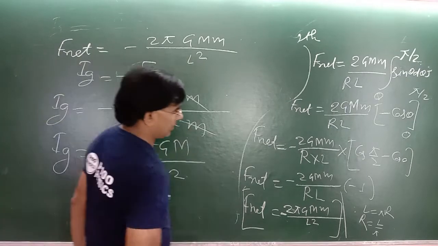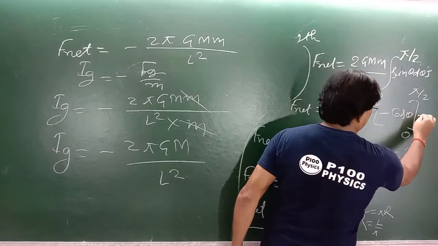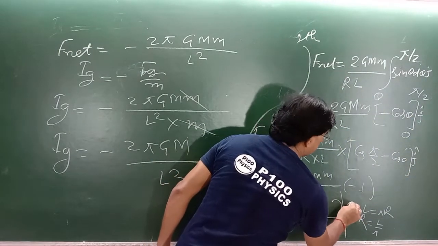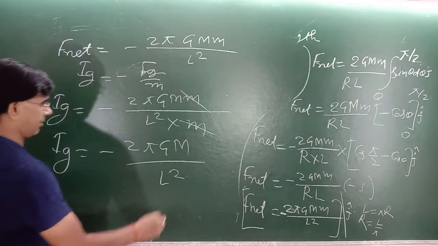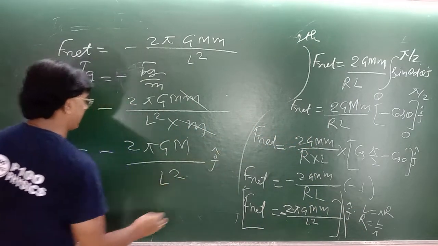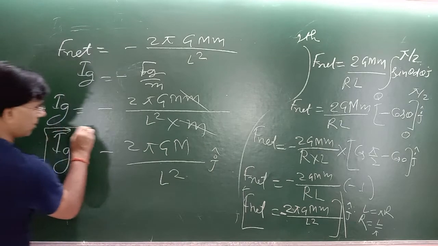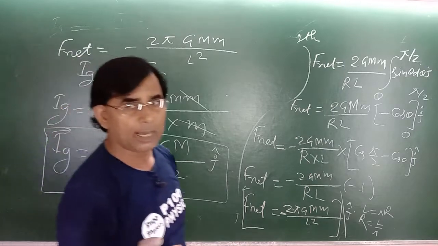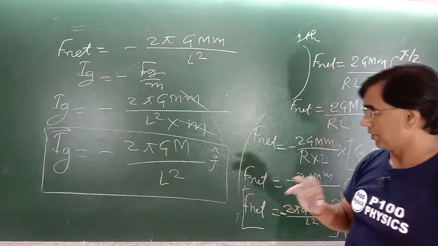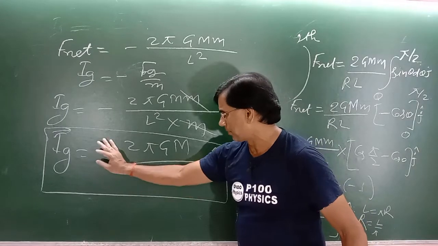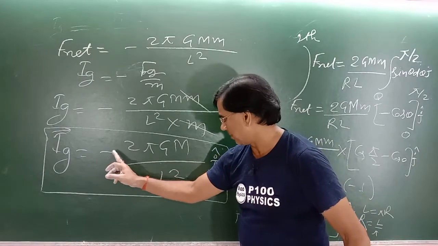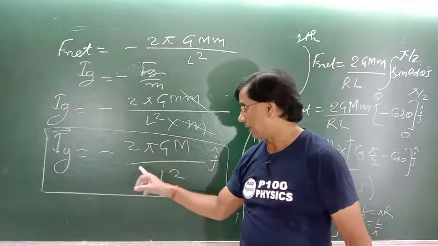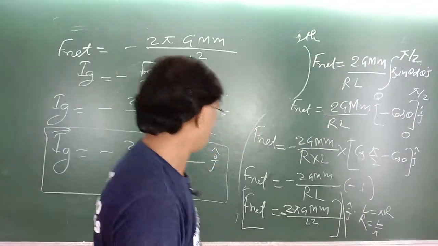What will be the direction? J, vector J. This is the final answer. The numerical value of Ig, the intensity of the gravitational field, will have no minus. Remove this minus. The numerical value is 2 pi GM by L square, and this is a vector quantity, with the minus direction.